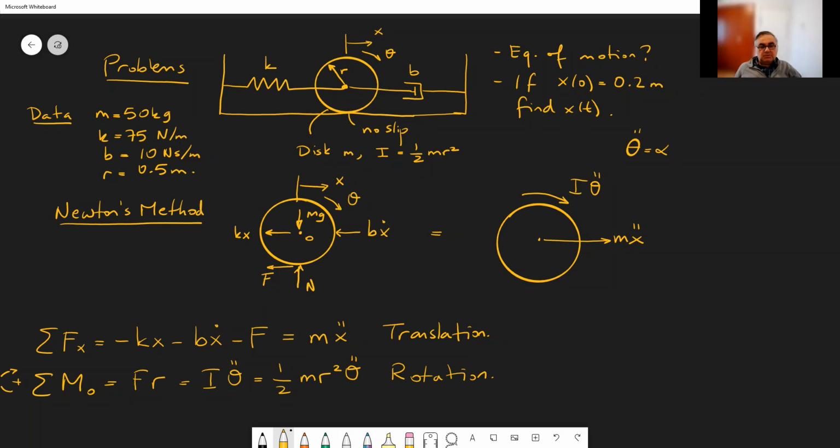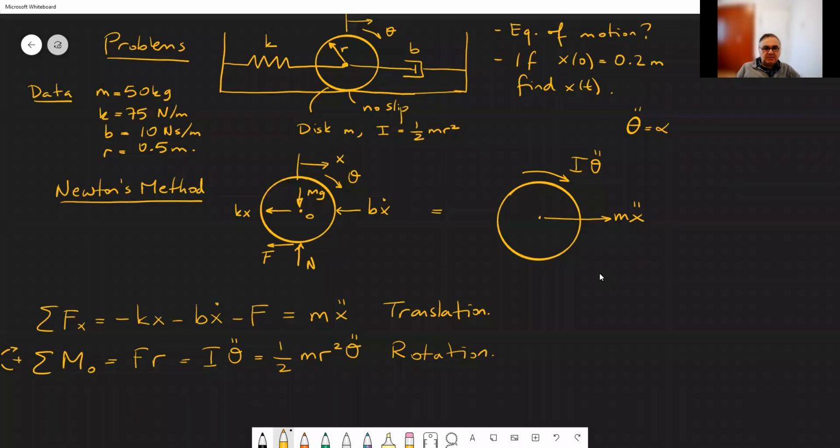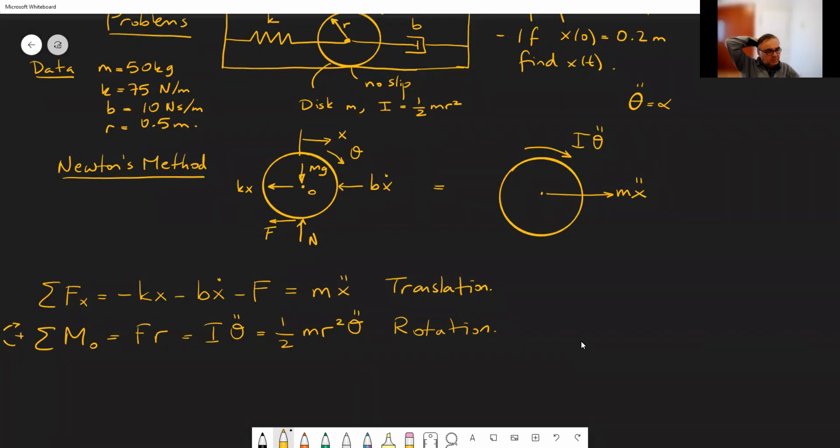There is one more thing. This is not enough. We have one more equation, and that's important. It is because of no slip. We have x and theta related. This is the no slip condition.